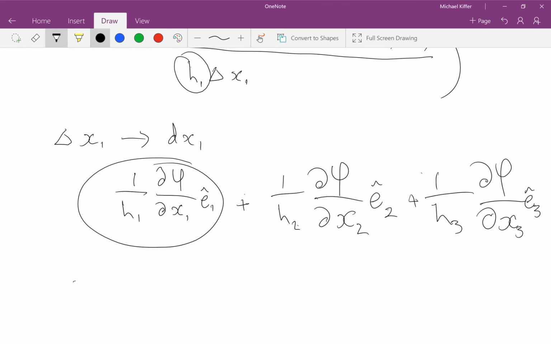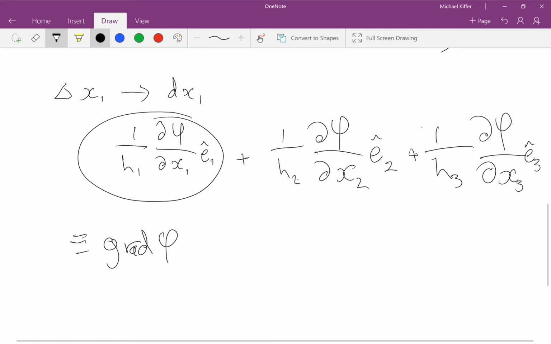And this defines grad phi. Now this will work in any orthogonal basis, whether it's cylindrical, spherical, you may even have more dimensions than 3, and that is what we were looking for.